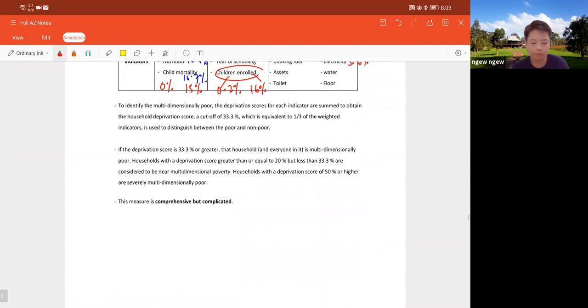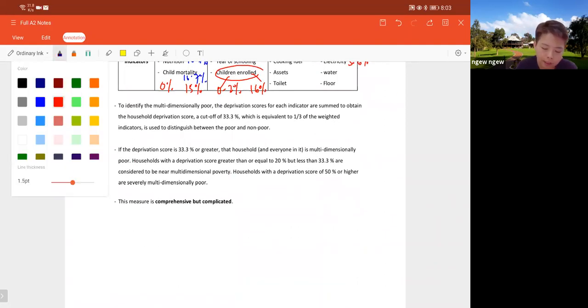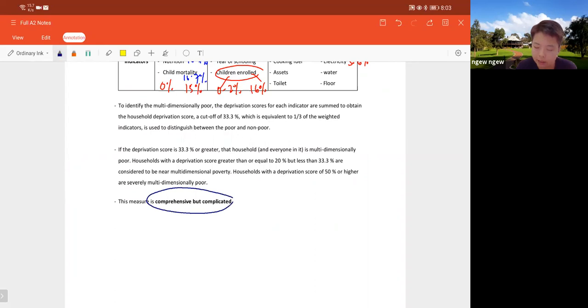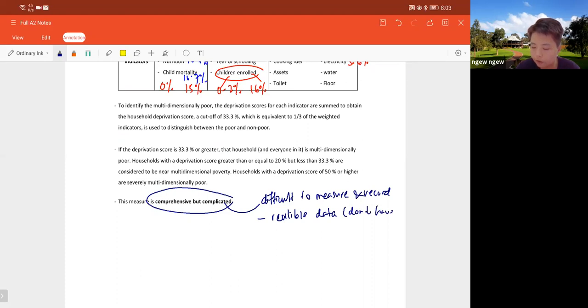And guys, I write here, this index is comprehensive but complicated. Complicated as in it is very difficult to measure and record. Until now, we don't really have very reliable data.